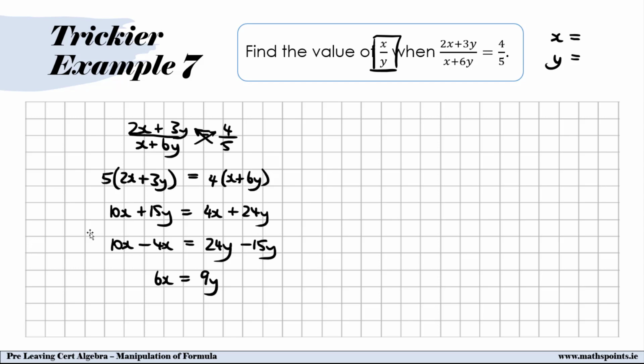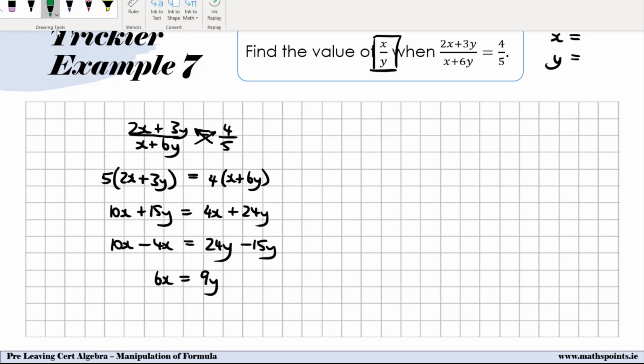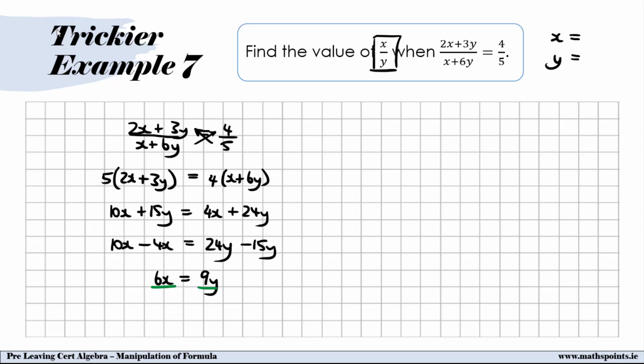Now, it might seem difficult to see how we are actually going to write x over y in this question. We won't be able to find what x is or what y is individually, but to find x over y, I can see that if I divide both sides of the equation by 6y, then I'll get an x over y on the left-hand side.